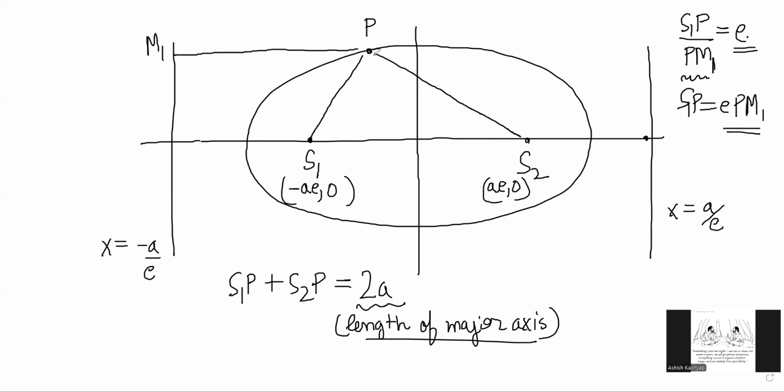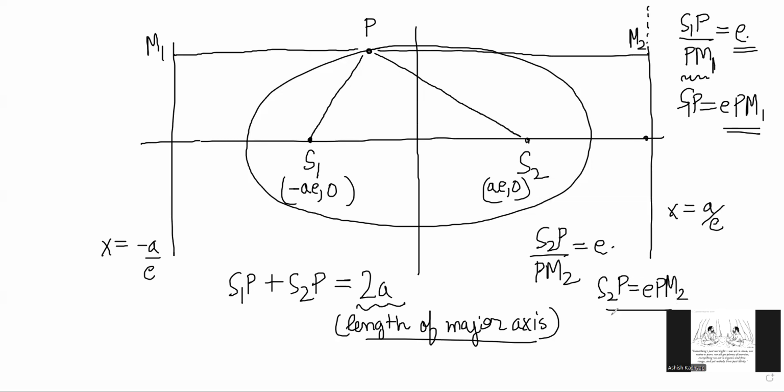Similarly, S2P is the distance of this point to this focus, so it will also be in the ratio with this particular distance, which is PM2. So S2P by PM2 will also be e, and we get S2P is equal to e times PM2, right?